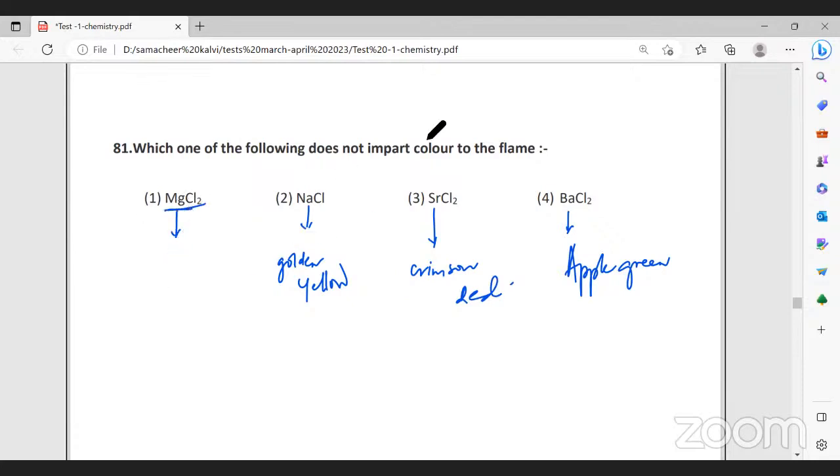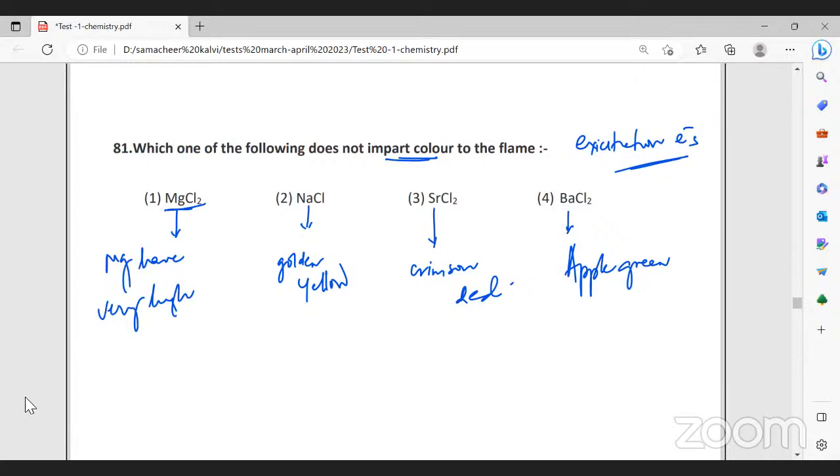Why will magnesium not give any color? See, the color of a substance is because of excitation of electrons from a lower level to a higher level. But in case of magnesium chloride, magnesium has very high ionization energy.